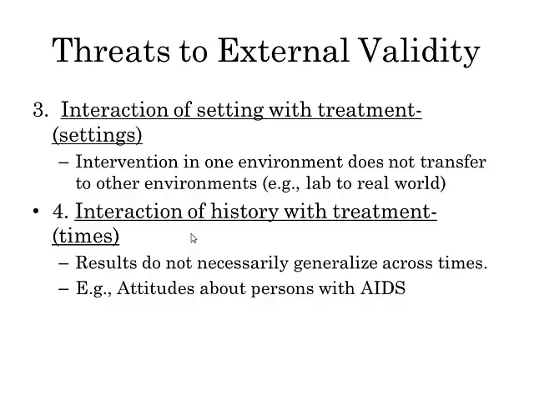And then the third issue is interaction of history with treatment, and this has to do with times. Basically the issue here is that the results do not generalize across time. For example, attitude research about persons with AIDS. Attitudes have changed quite considerably in the last 30 years about AIDS and people with AIDS and HIV.